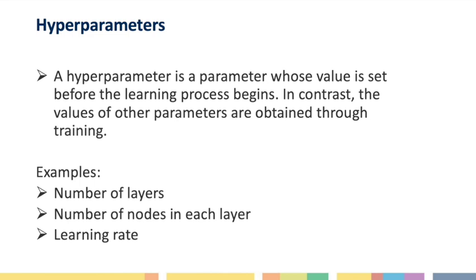So for example, the different weights that are going to multiply the neurons are obtained by the training itself. But for example, the number of layers, the number of nodes in each layer, and the learning rate are hyperparameters. So I have to define these parameters before beginning the training. And there are other modes to try and automate this and to create an optimization, like a grid search. But in the model itself, it's not optimized. So that has to be defined before.